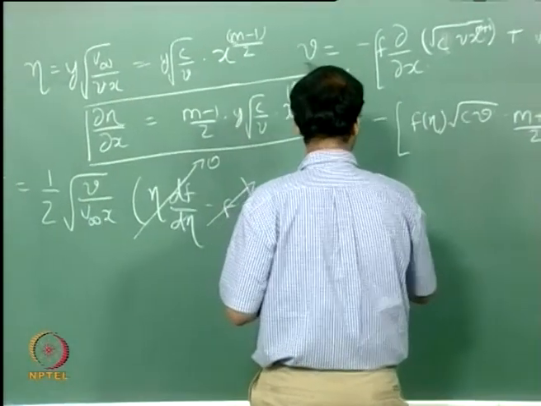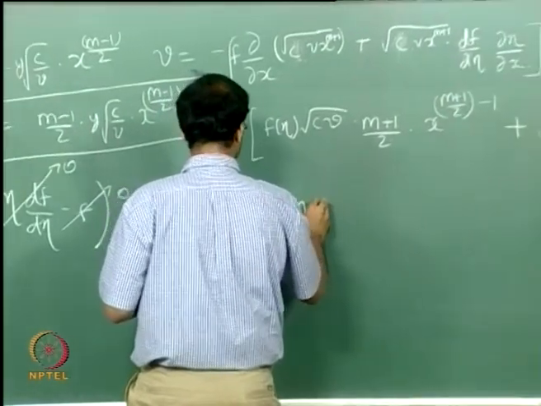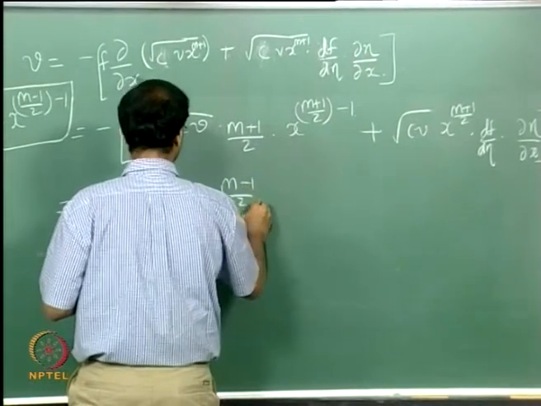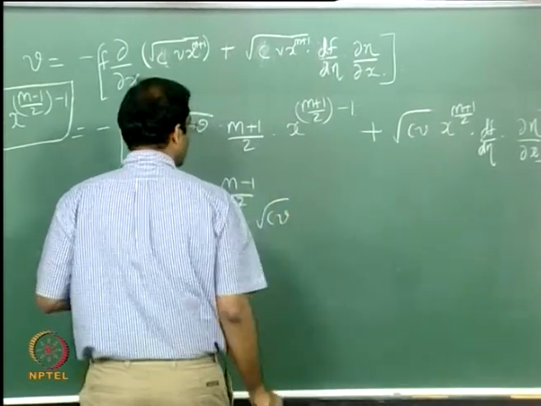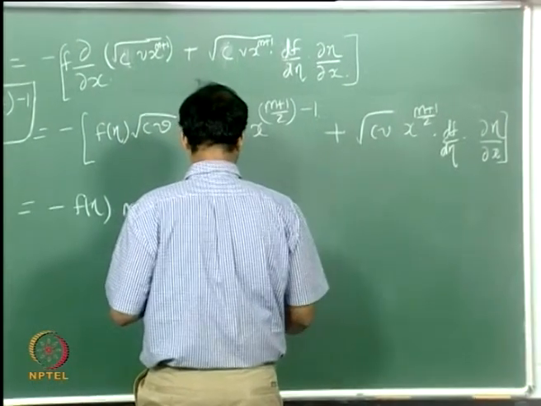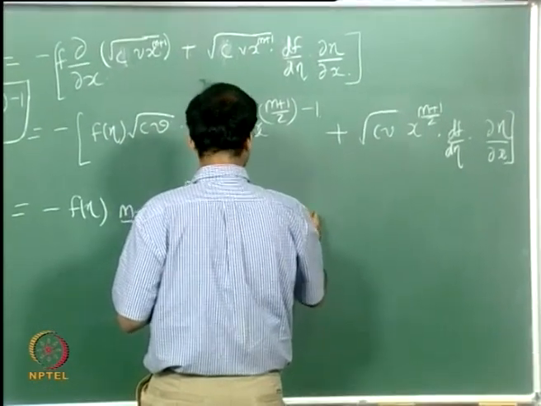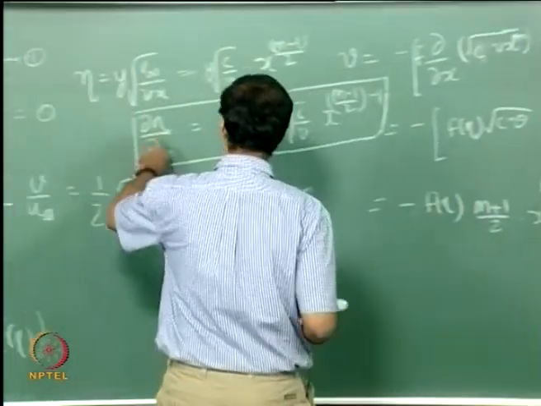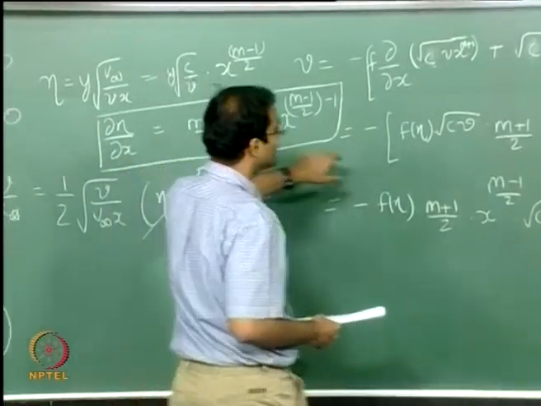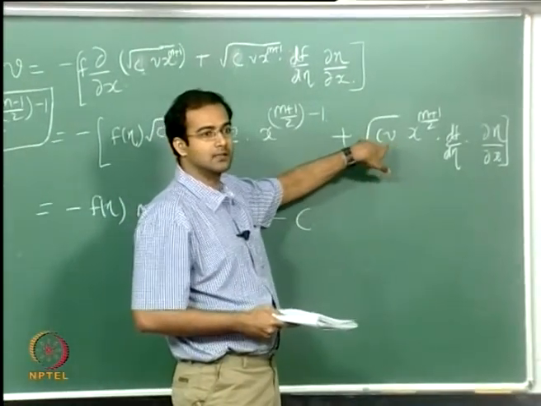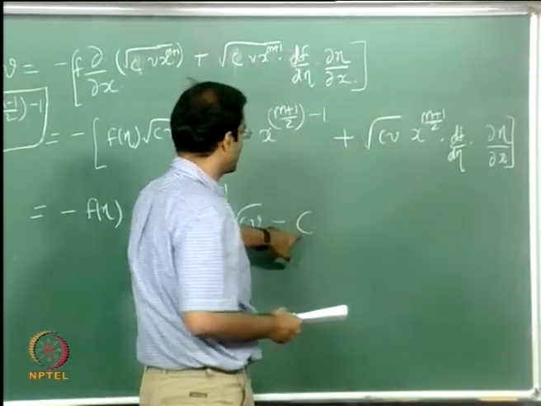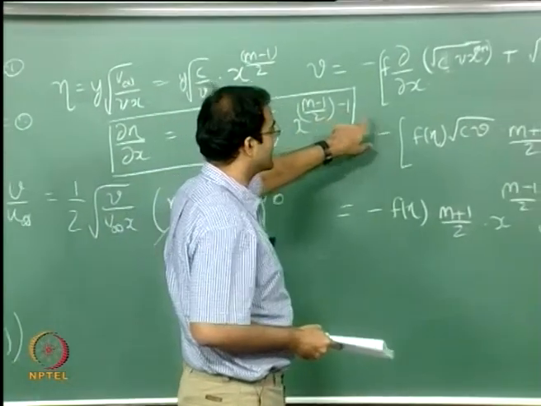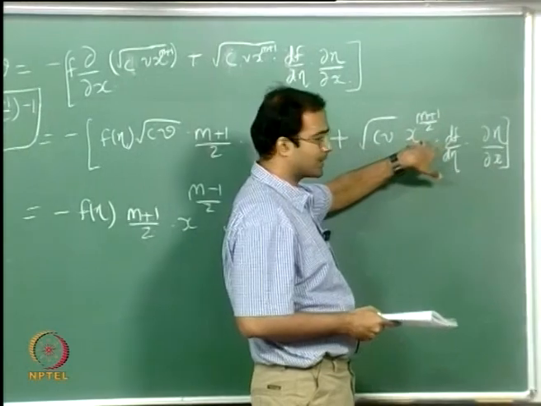So this will be minus f of eta, m plus 1 by 2 into x power m minus 1 by 2 into square root of c nu, plus c into, so what I am going to do is, now my d eta by dx has square root of c by nu, square root of nu and nu cancels, square root of c into square root of c is c, so therefore I get a c, and x power m minus 1 by 2 minus 1 into x power m plus 1 by 2.